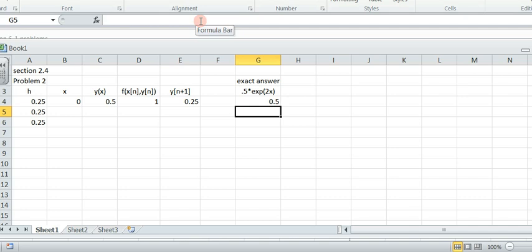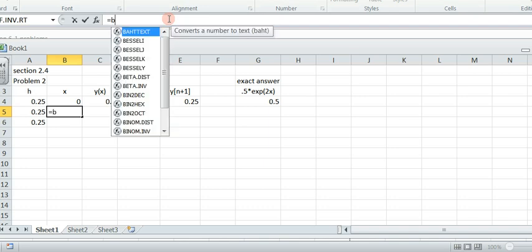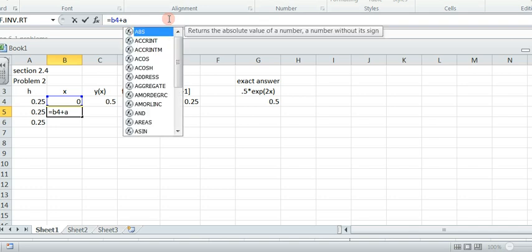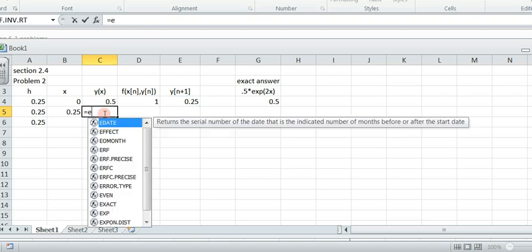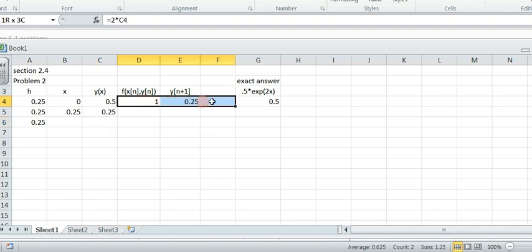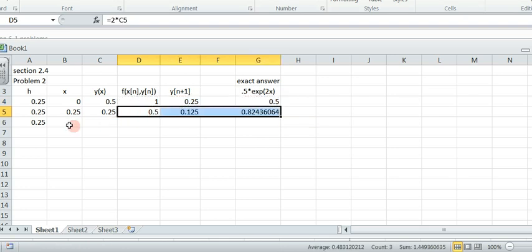Then we're going to go to the next step, which is going to be B4 plus A5, and this is going to be E4. And then I can copy and paste these in, and then copy and paste these in the next line.